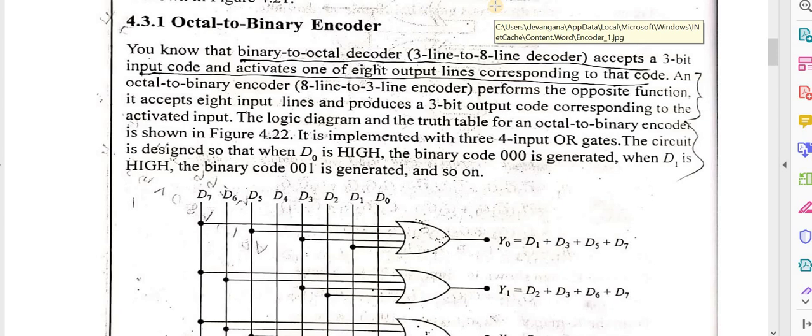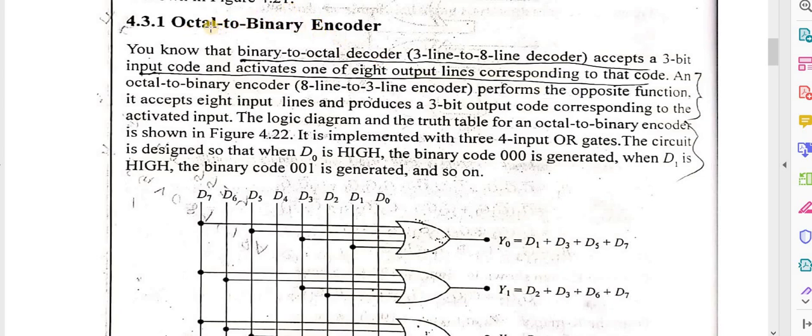You have already known that an encoder is a combinational circuit which converts 2 to the power n input lines into n coded output lines.